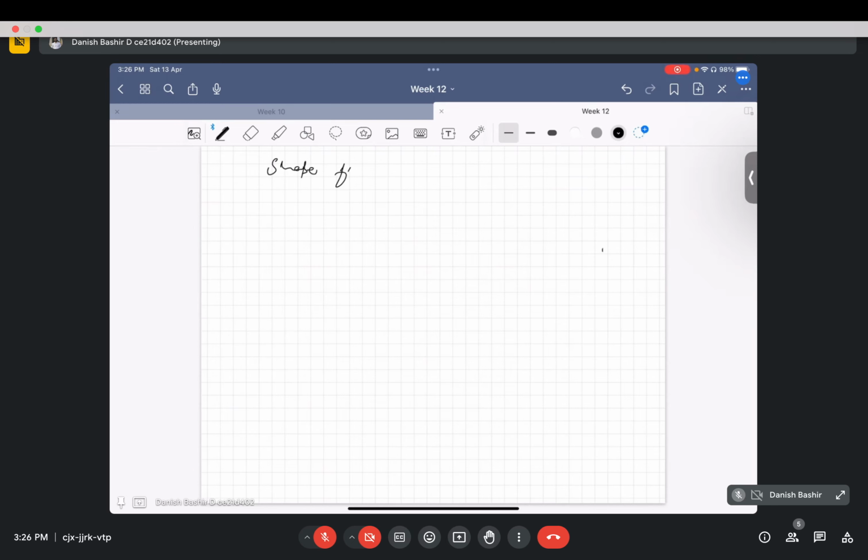Shape functions for second order problems. If you remember, while deriving the shape functions for a two noded element with nodal parameters u1 and u2, we got N1 and N2, where u of x was N1 u1 plus N2 u2.